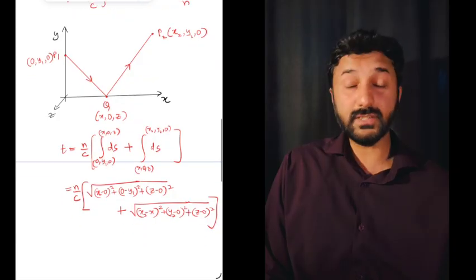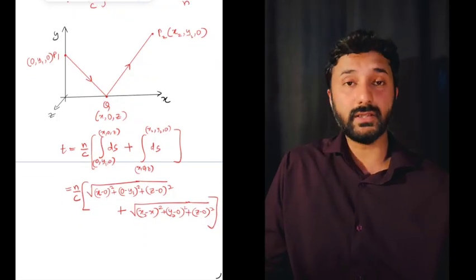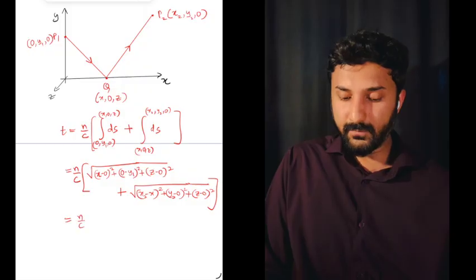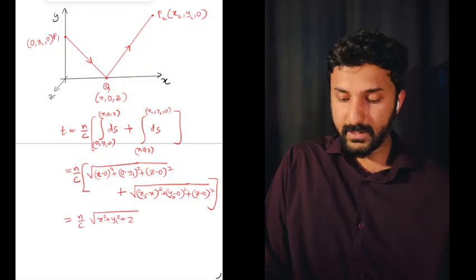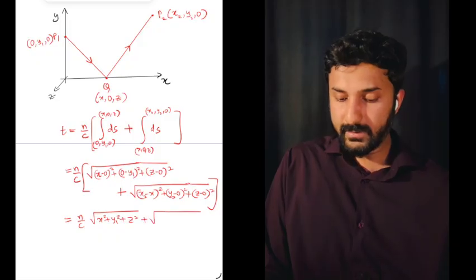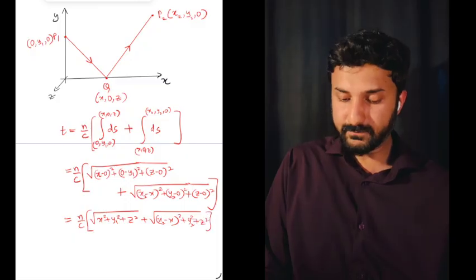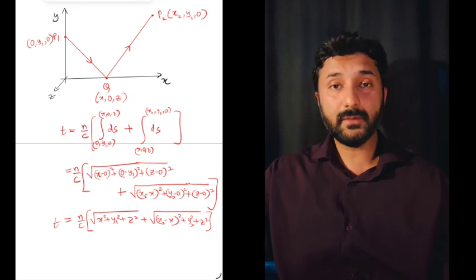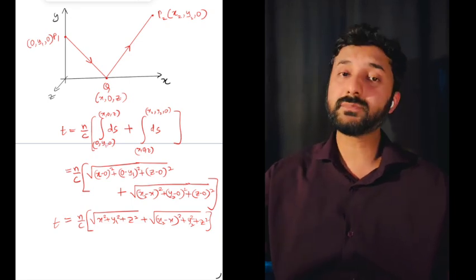Okay, so we seem to have been done with the integral, right? And so what we end up with is something that looks like this: square root of x squared plus y1 squared plus z squared, and this here is square root of (x2 minus x) squared plus y2 squared plus z squared. So this is our time. Now remember, Fermat's principle says that this time has to be minimum, right?